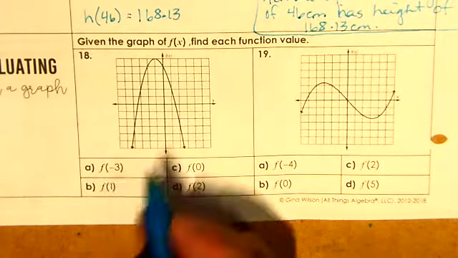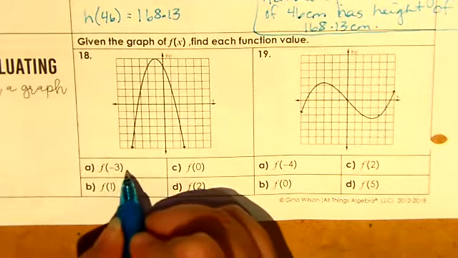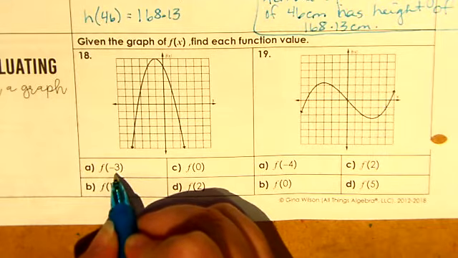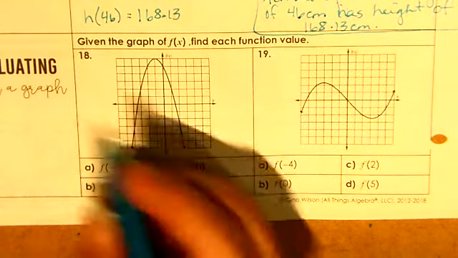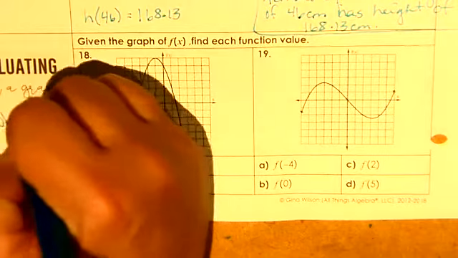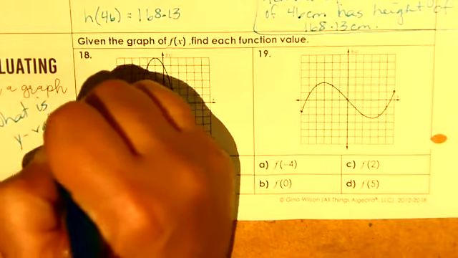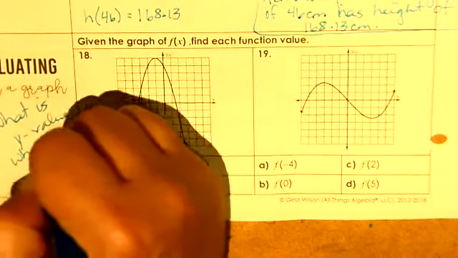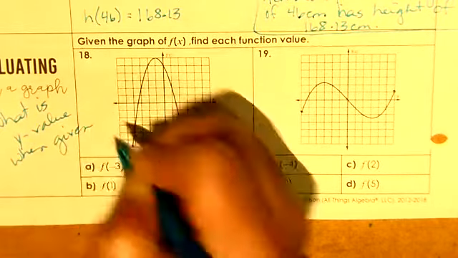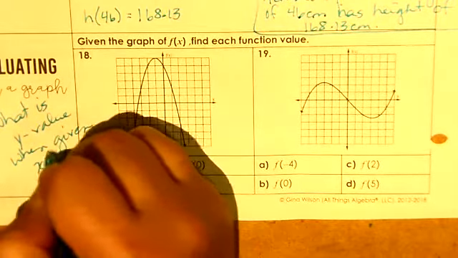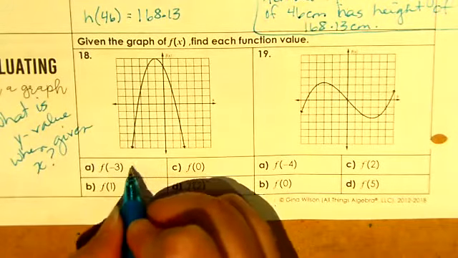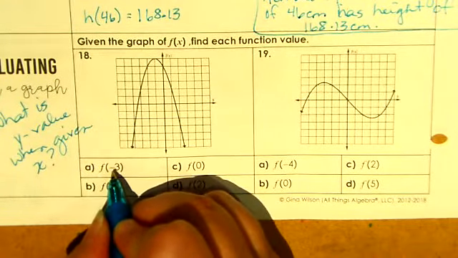So we want to know, what is the y value when x is -3? What is the y value when given x? All right, so right now I know that my x is -3.